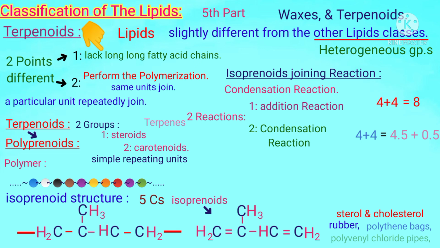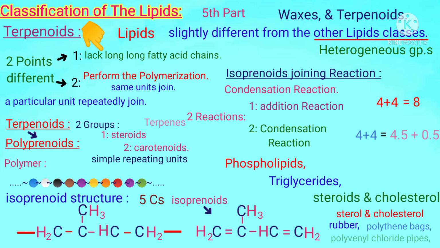So students, this is our terpenoids concept that is important as a short question, as well as waxes are also important as a short question. But students, phospholipids, triglycerides, steroids and cholesterol come as a long question or short question both. These questions can also be asked as one part of a long question.